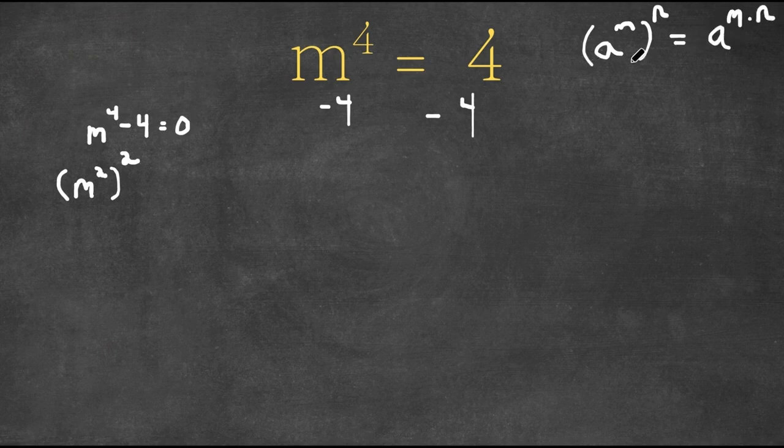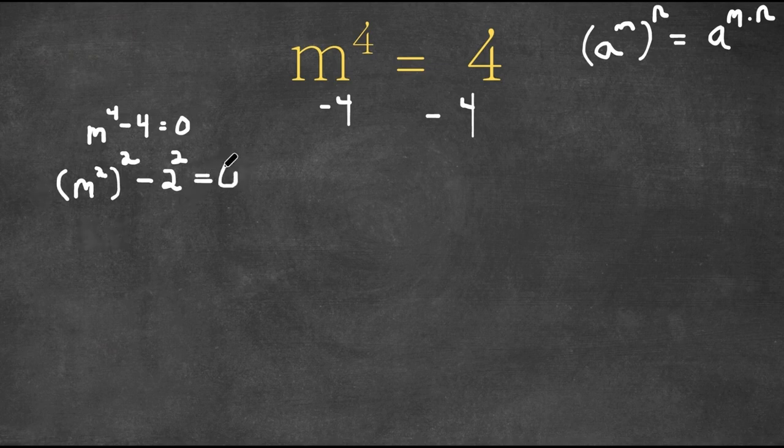So I changed m to the power of 4 into the form a to the power of m to the power of n. And we're going to subtract this with, I'm going to change 4 to 2 squared. And this is equal to 0.